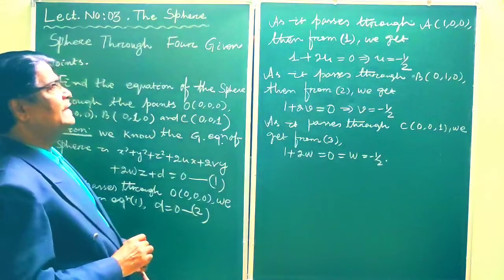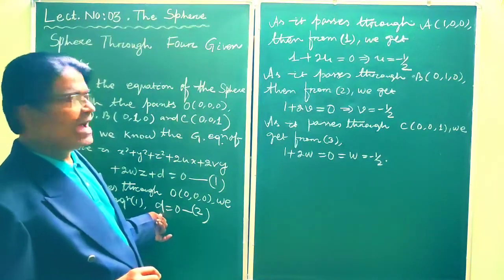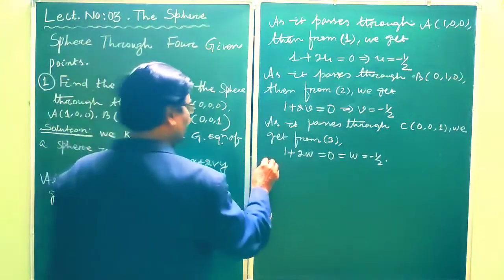Now we are getting the values for d 0, u is equal to minus half, v is equal to minus half, w is equal to minus half.